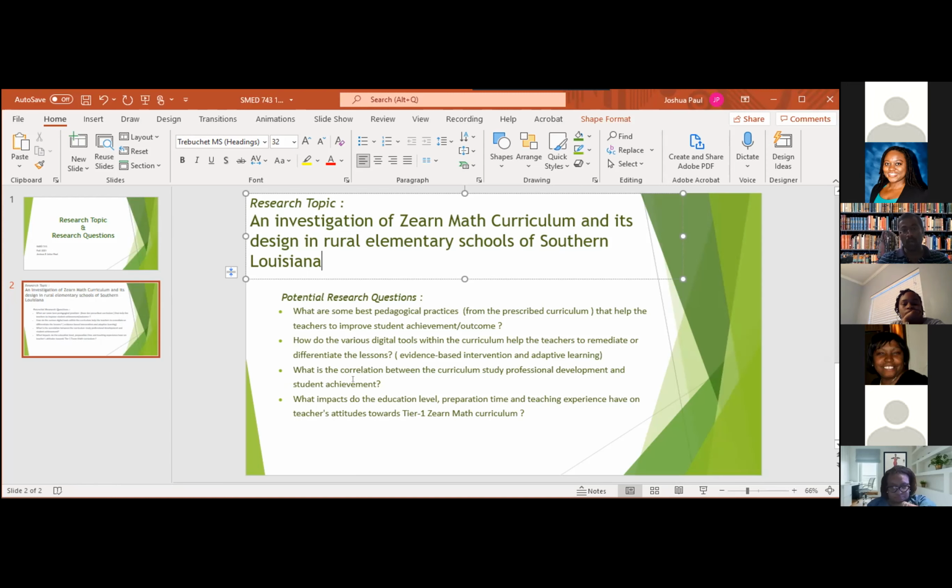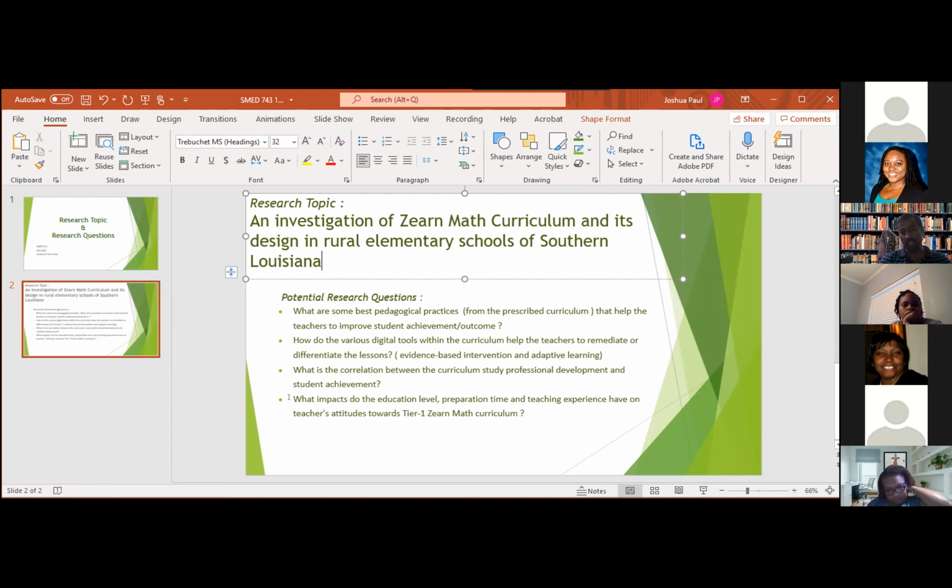So I want to see, with at least one or two teachers who have been there working several years, whether the curriculum study PDs are helping them to bring good student outcomes.